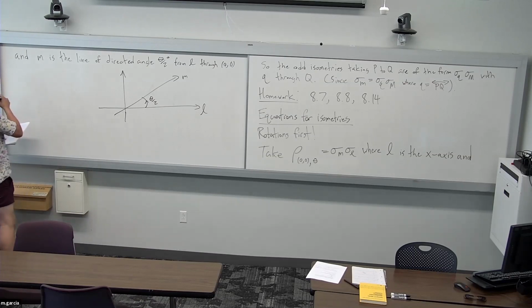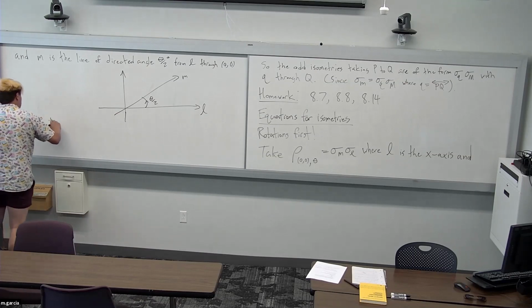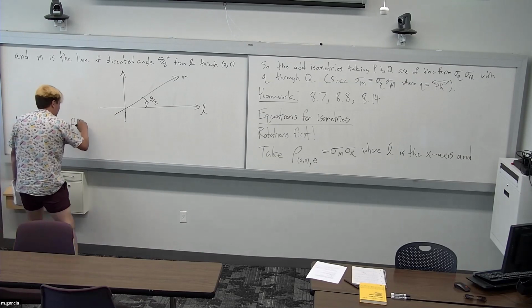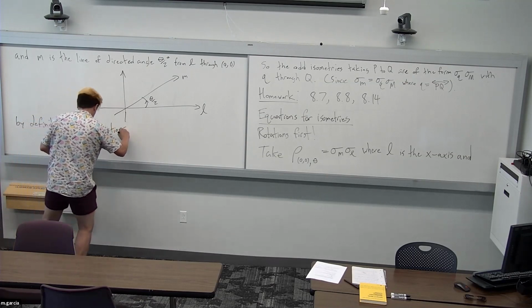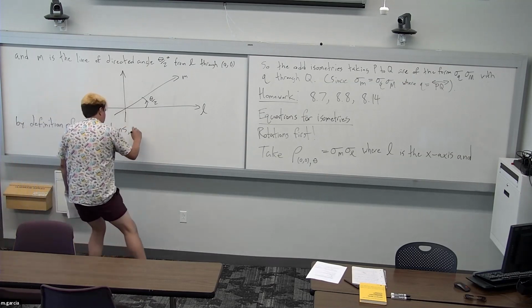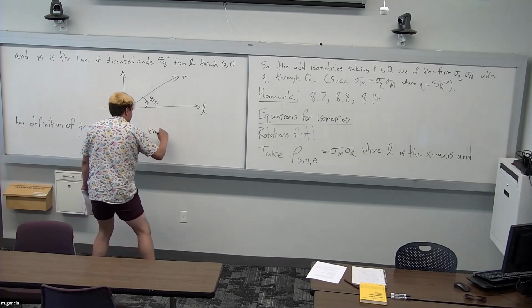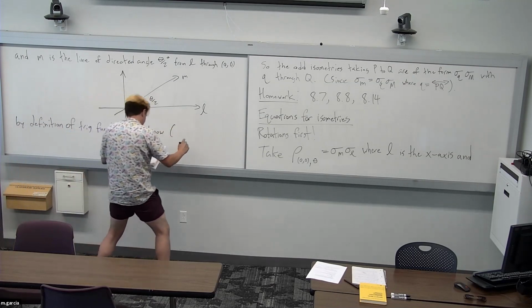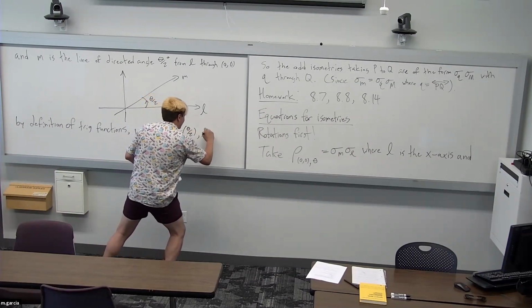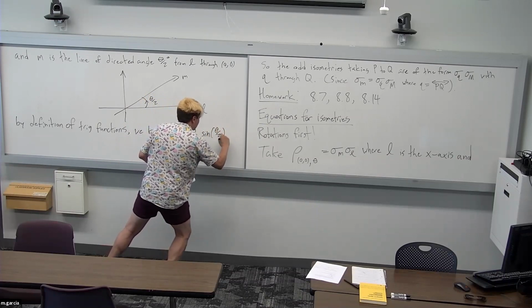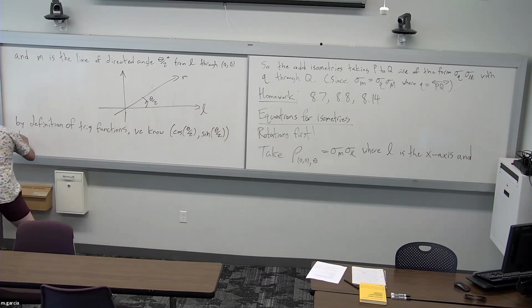So, by the definition of trig functions, we know that the point cosine of theta over 2, comma, sine of theta over 2 lies on M. Right?